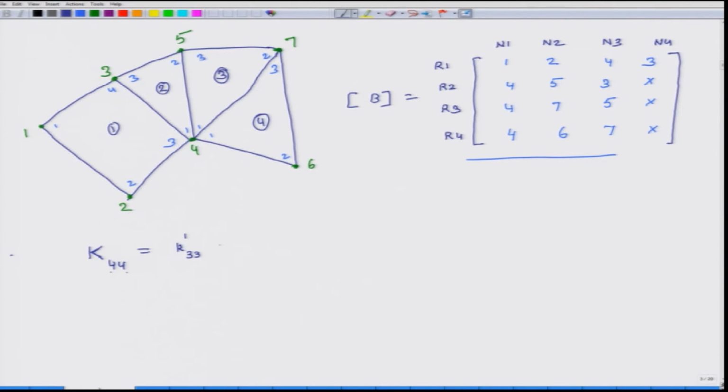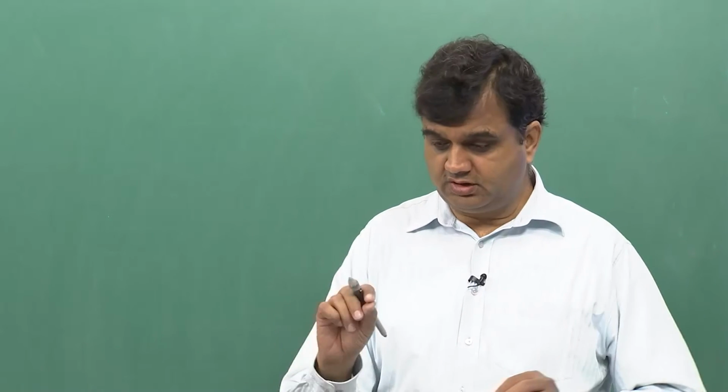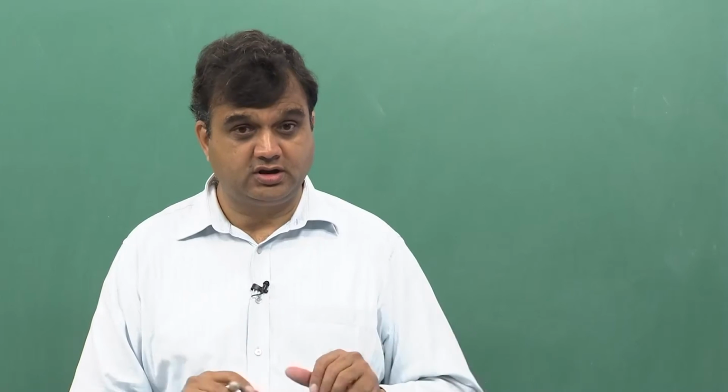From the second element, what will be the contribution? 1 1. From the third element, the contribution will be 1 1. From the fourth element, the contribution will be 1 1. Understood? We will do 1 or 2 more examples so that we become comfortable, because then when you look at any complex mesh, you can very quickly add up just by looking at the picture.